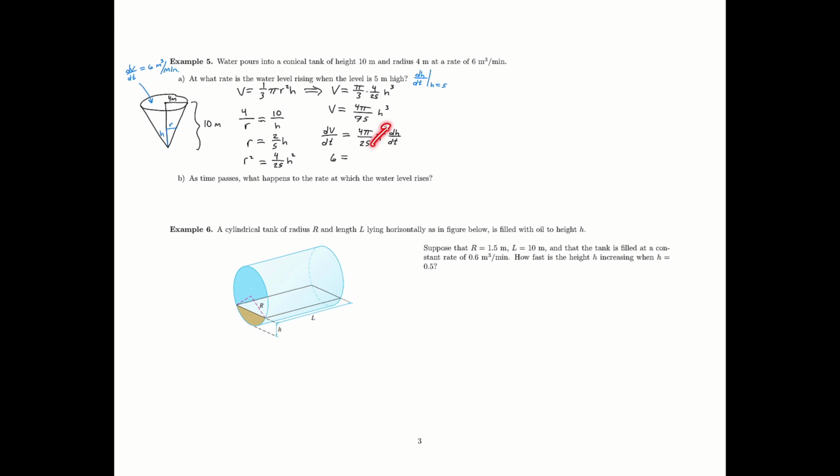So if we do this, we'll get 25, and that 25 will cancel with that 25. So we'll be left over with 4 pi dh/dt. And if we solve for dh/dt, which is our goal, we will have 3 over 2 pi. And this would be meters per minute. And yeah, I do not have a decimal for that, but that is correct.